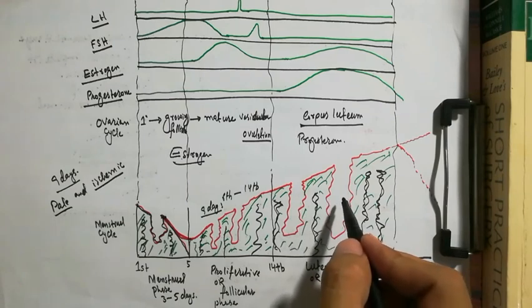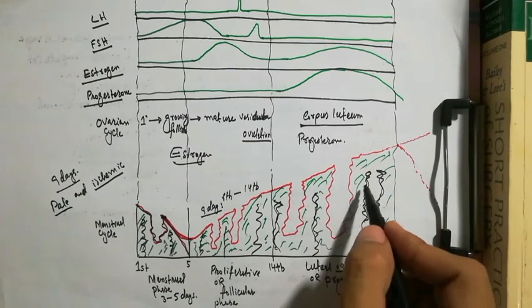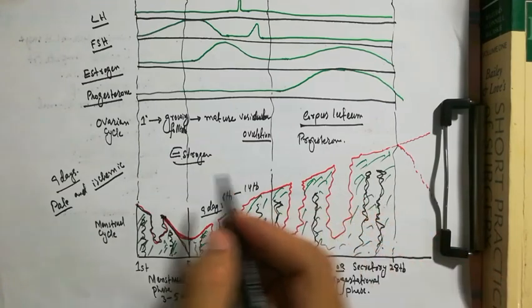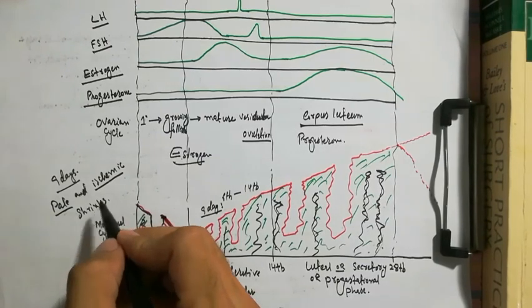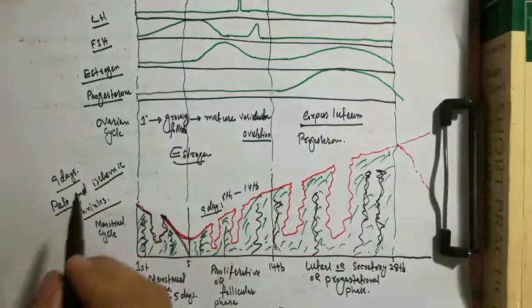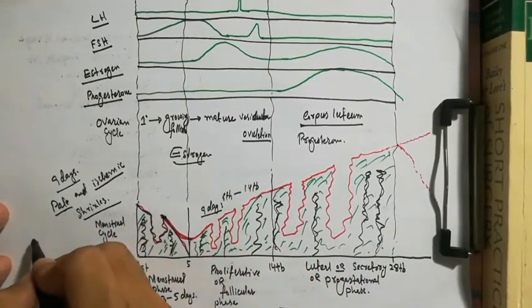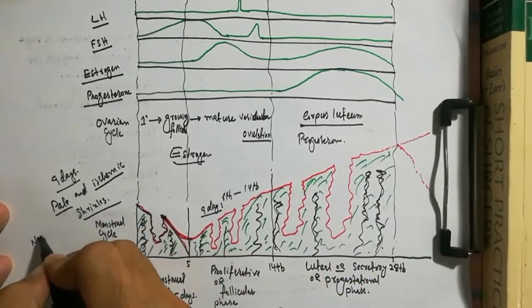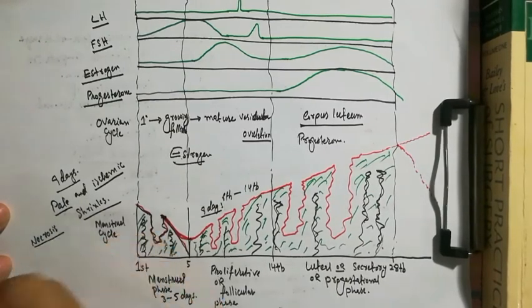Due to no secretion of fluid by the glands, the endometrial tissue shrinks. Due to ischemia, endometrial tissue undergoes necrosis. Necrosis is a type of cell death.